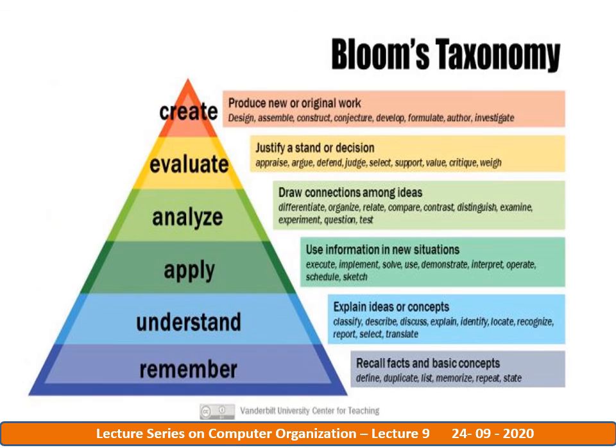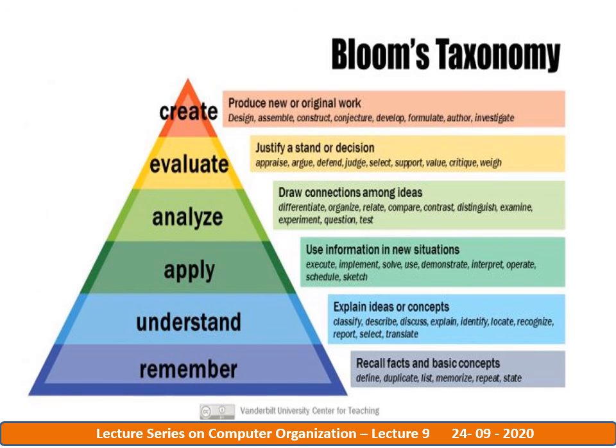Here you should get to know the levels of Bloom's taxonomy: what you have learned and where you will stand after learning this, whether the content is in level 1, 2, 3, 4, 5 or 6. These are helpful to design the levels of Bloom's taxonomy. Level 1 is remembering.